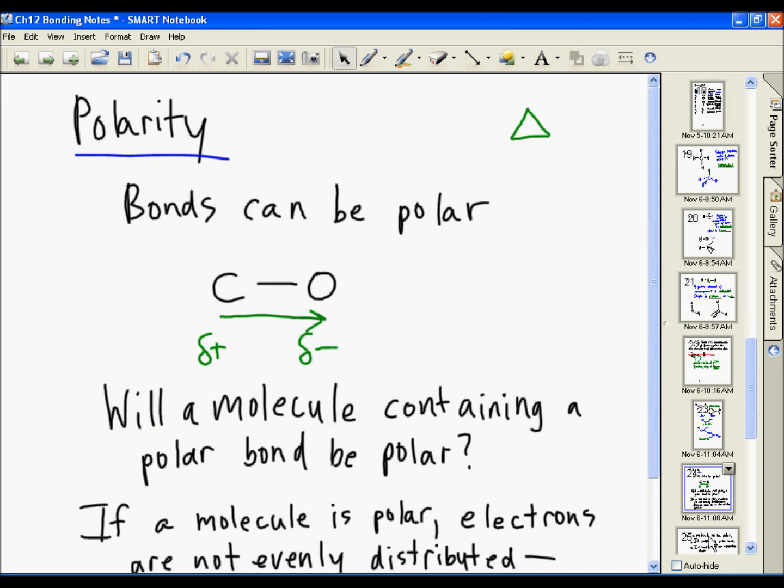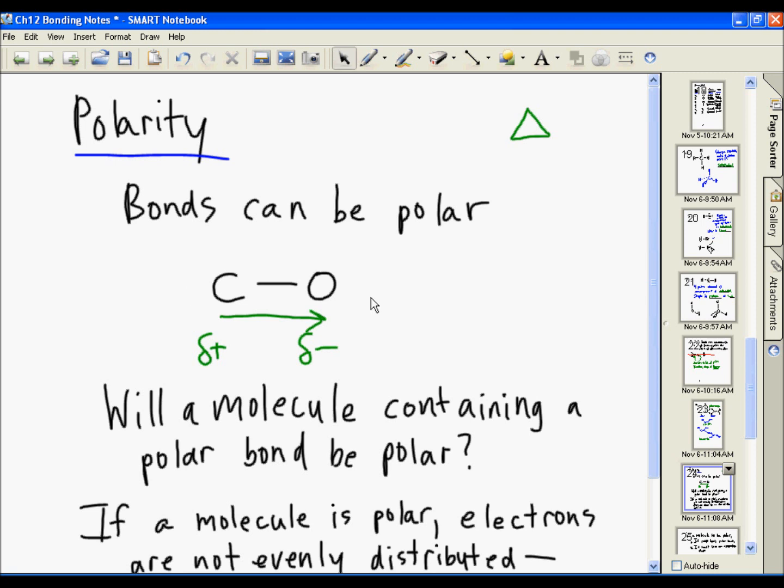Okay, so that's it for molecular shape. The next topic is polarity, which relates to molecular shape. And in the course so far, you've already learned that bonds can be polar. And what makes a bond polar is if you have two atoms with different electronegativities.